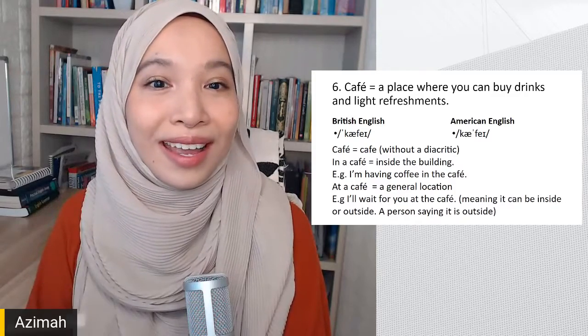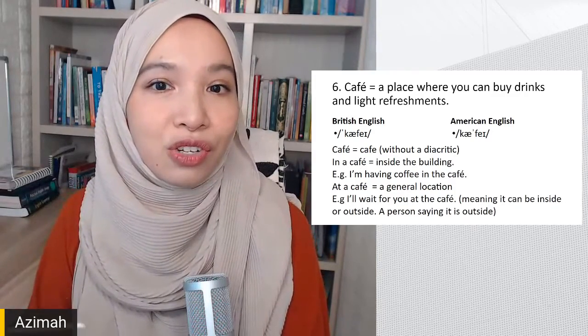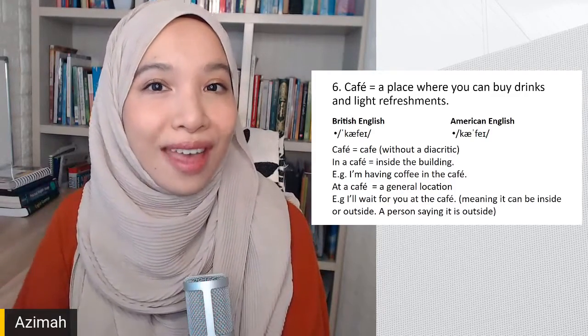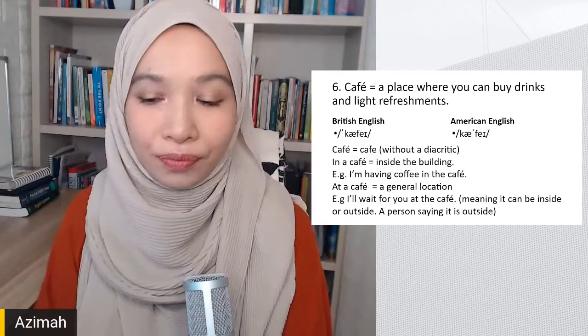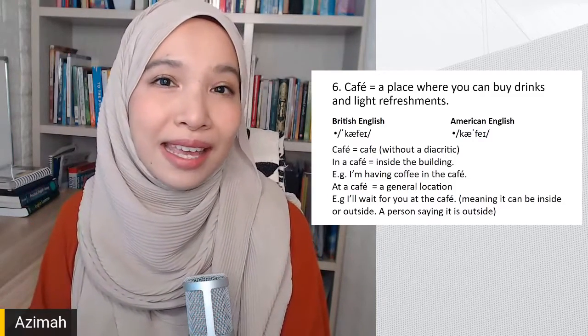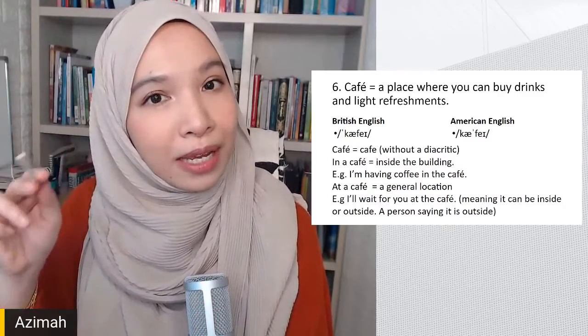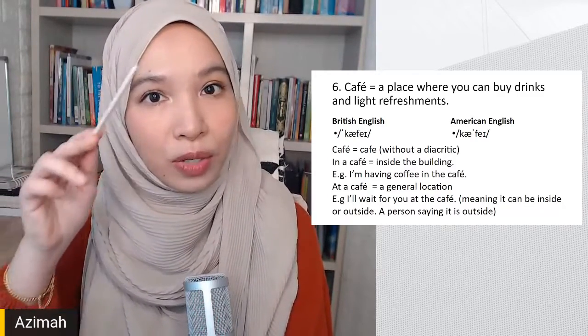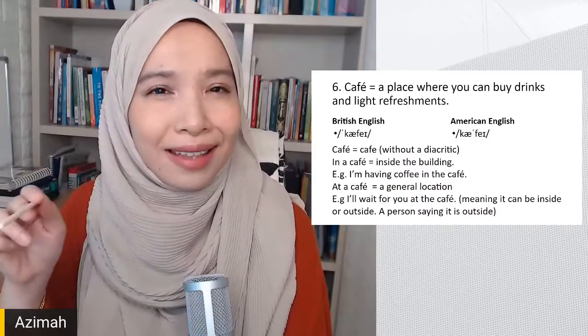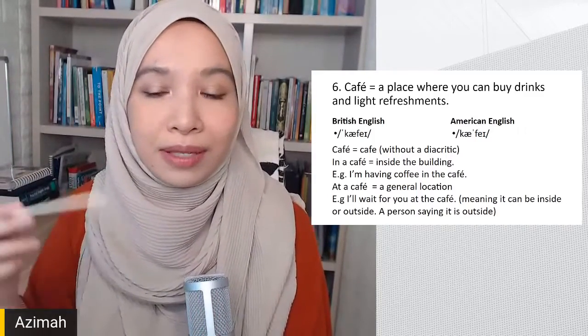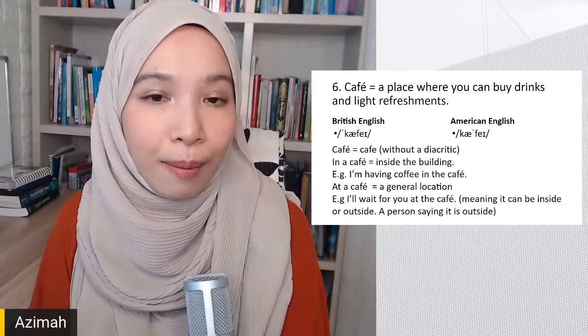So let's do it again. British English, American English. So it's spelled C-A-F-E. Above the E, there might be a diacritic mark, so it shows that there's an accent there. But sometimes it's spelled without that mark.